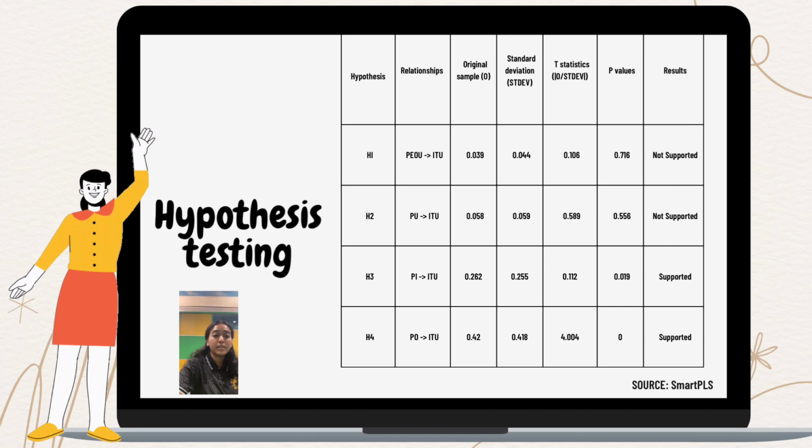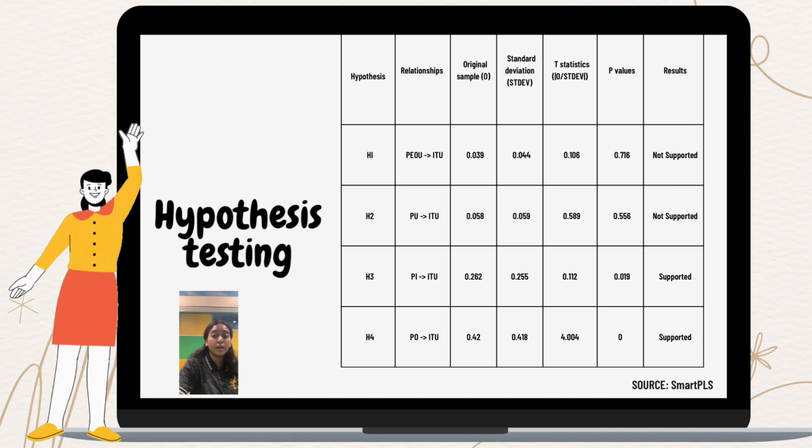Then, the t-value for POU, which is perceived ease of use, is 0.106 and the p-value is 0.716, while the t-value for perceived usefulness is 0.589 and the p-value is 0.556.